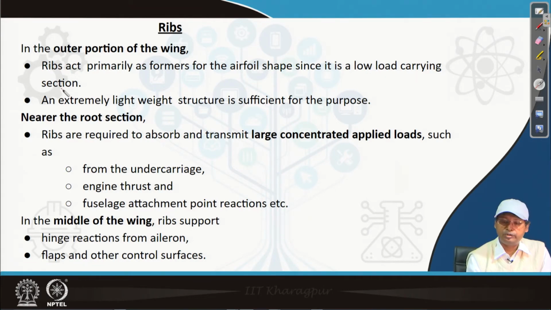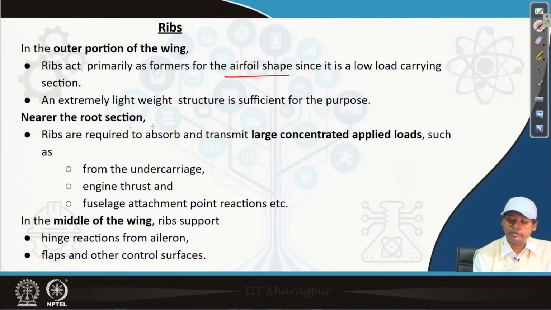As I told you in the previous slide, the interval between the consecutive ribs is large, or the density is low. It only maintains the shape, and an extremely lightweight structure is sufficient for the purpose. So, that is the reason for weight reduction, the number of ribs is reduced.